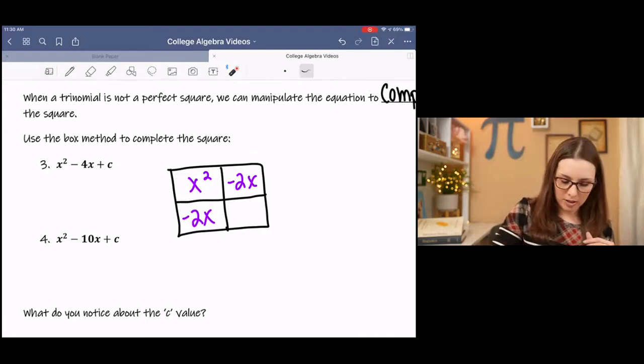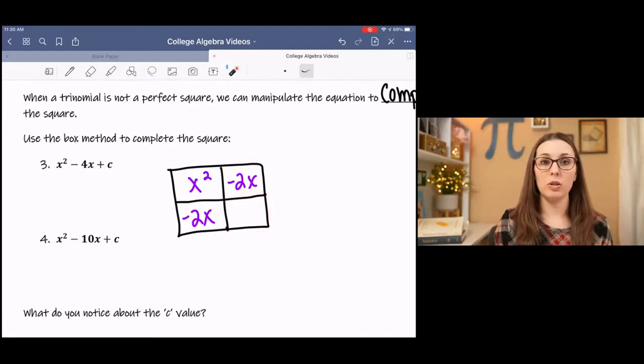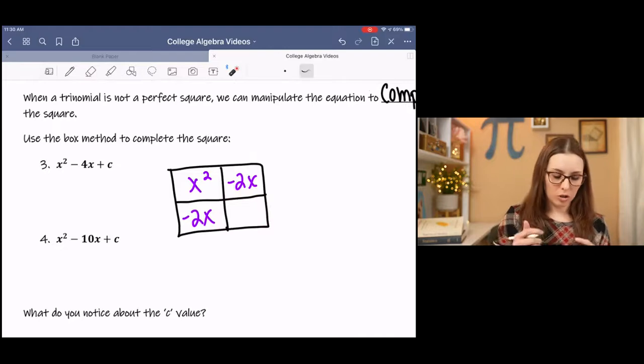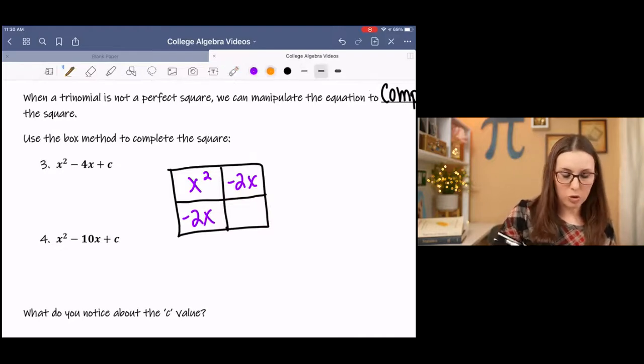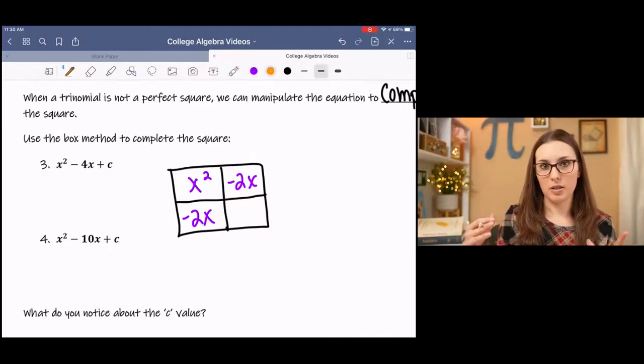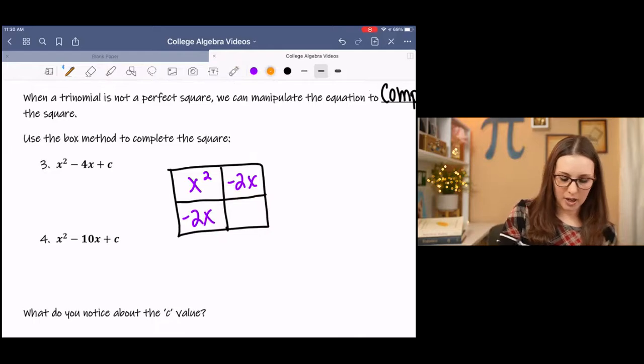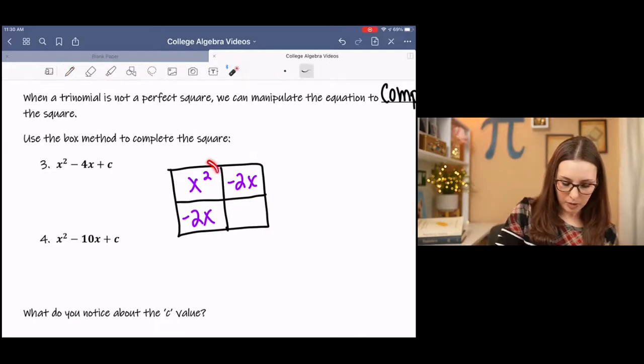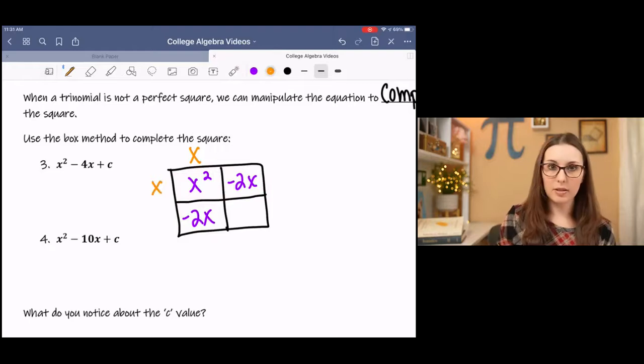I'm trying to find the C value that's going to complete this. So if I were to factor this, then on the outside, when I factor this column, it has a GCF of x. And then this column has a GCF of x.